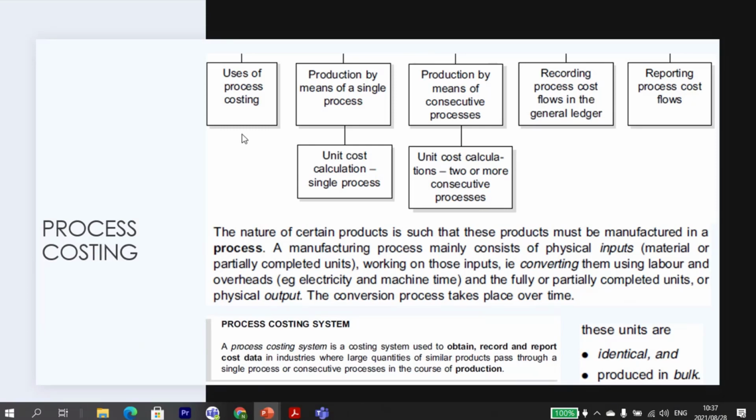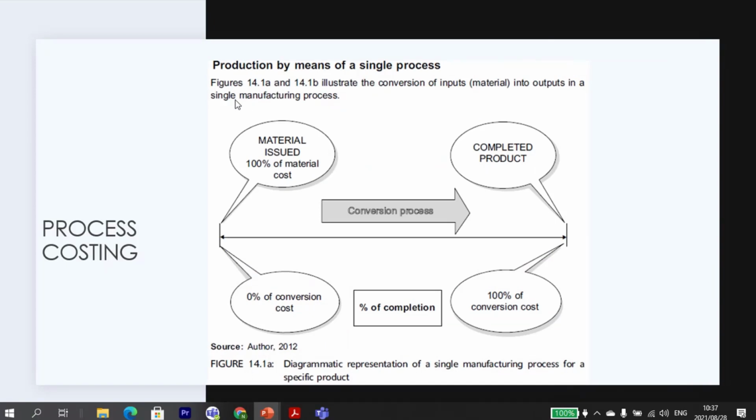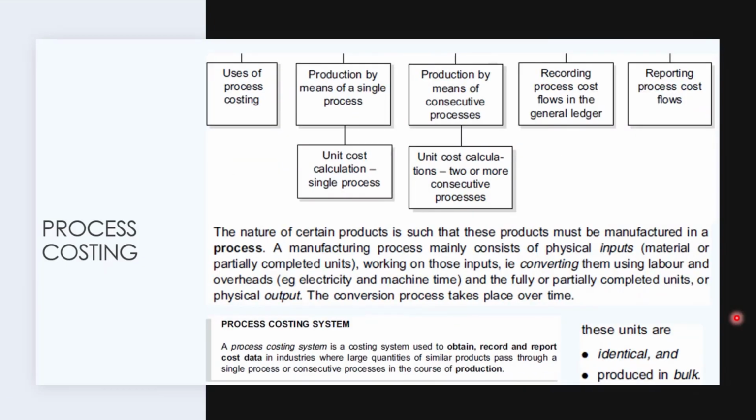Okay. And so here is just an overview of some of the items within process costing. You use process costing with a single process, and then you get your unit cost calculation, or it's consecutive processes, as I've mentioned, meaning there are two or more processes that this product will go through.